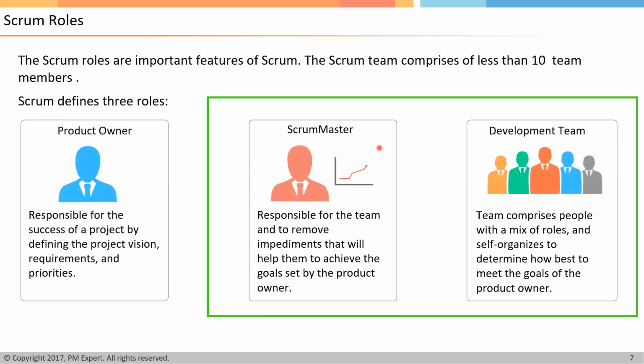Now, what is the relationship between Scrum Master and the development team? I told you that Scrum Master helps the development team in facilitation. Scrum Master acts as a servant leader. He removes any kind of blockers or bottleneck that comes on the way of the development team. He serves the development team. Now tell me, does the development team report to Scrum Master? This is a question to all of you.